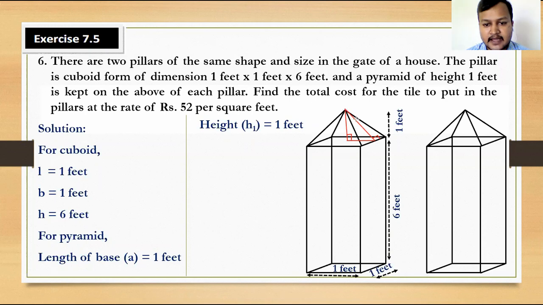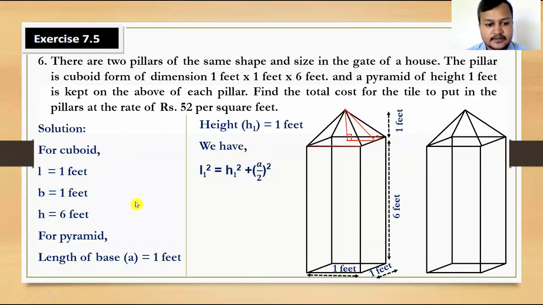According to Pythagoras theorem, hypotenuse square is equal to perpendicular square plus base square. So hypotenuse is slant height, perpendicular is height, and base is half of the base of pyramid. If the base of the pyramid is A, then this is A by 2. So we have to use that here.